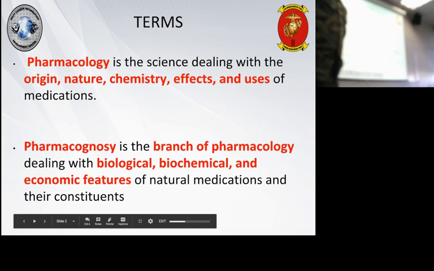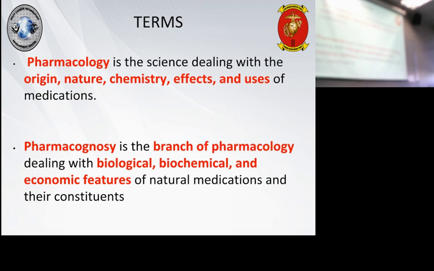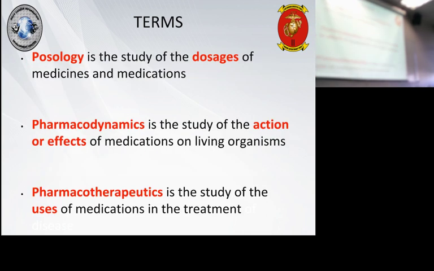So pharmacology, basically the study of pharmacy. Pharmacognosy is basically the biological breakdown of pharmacology, so your natural meds. So Indian medicine, basically, think about it. They did natural stuff to treat symptoms. Next. Posology is basically the dosage, what you're giving.